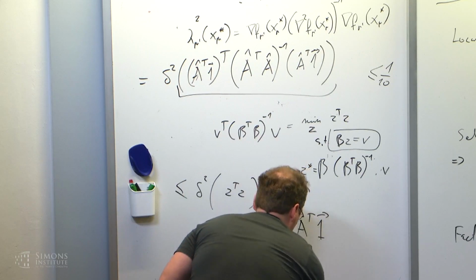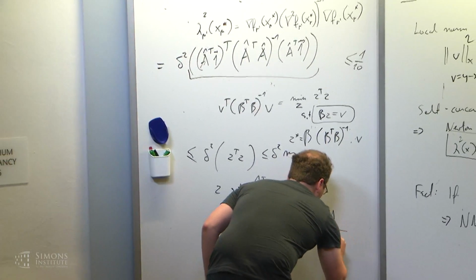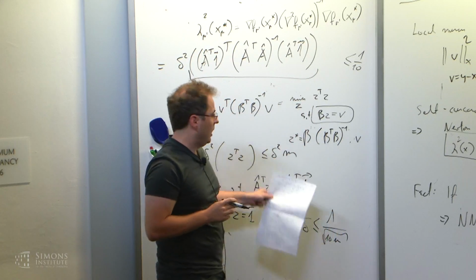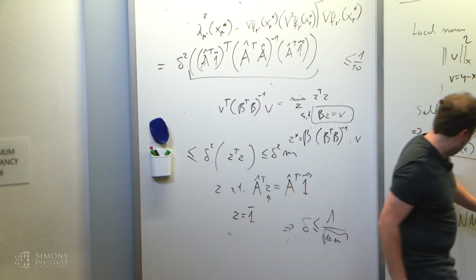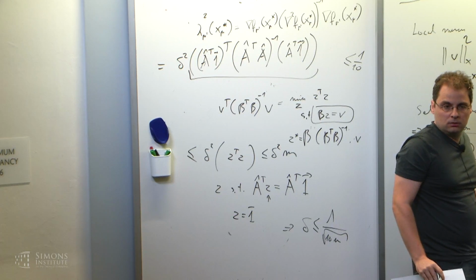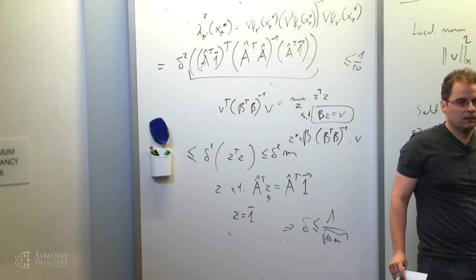So now what it tells me is that as long as delta is at most 1 over square root of 10 over m, this property will be satisfied, so I will converge. Okay, that's it. We are done.